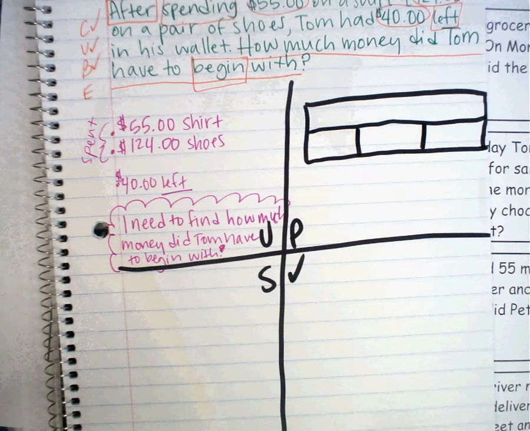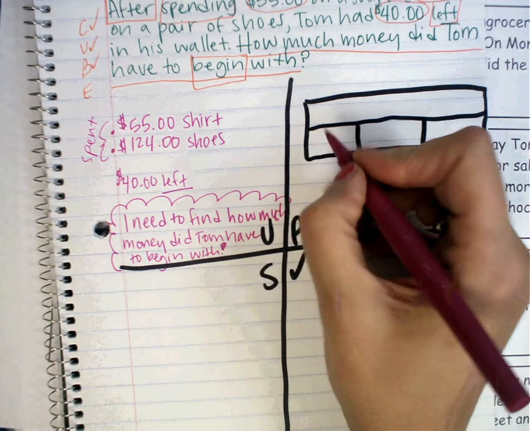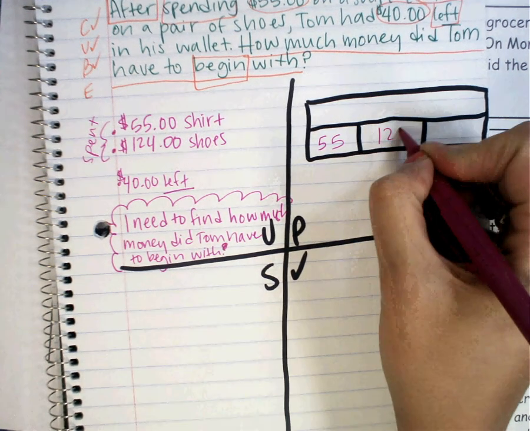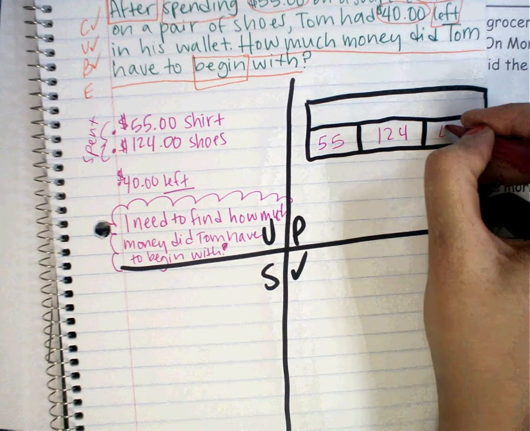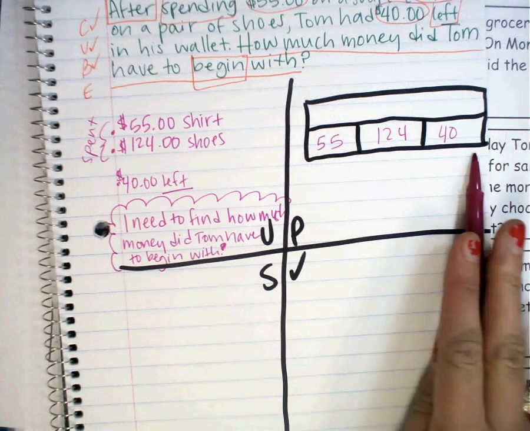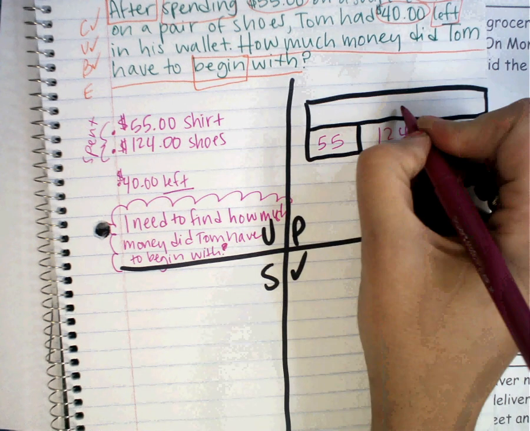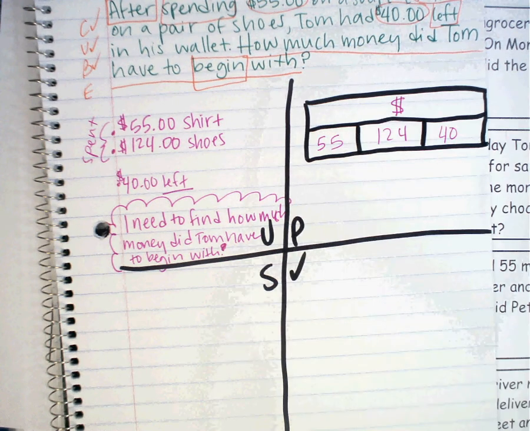So if I added all those up, wouldn't you think it would tell me how much money he had to start with? We can make this a dollar sign if we want to. That will tell me how much money he started with. Okay?